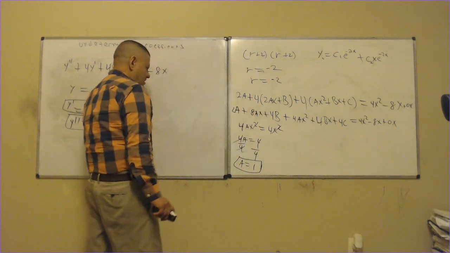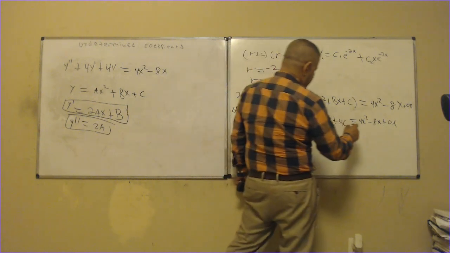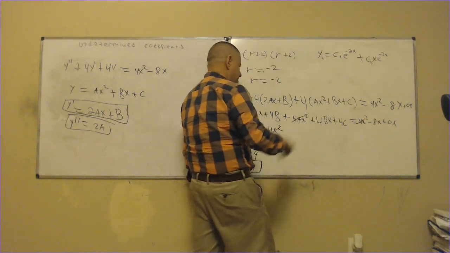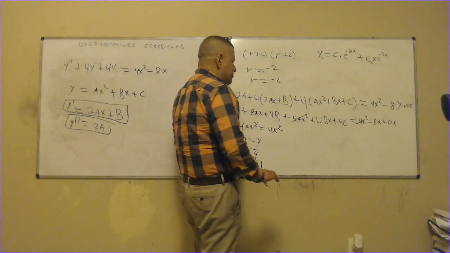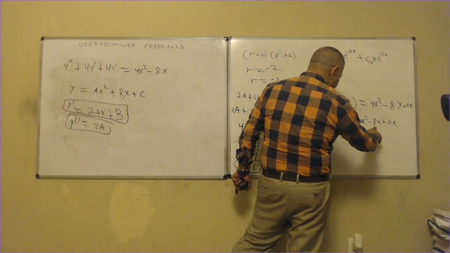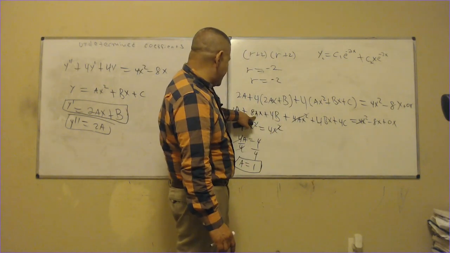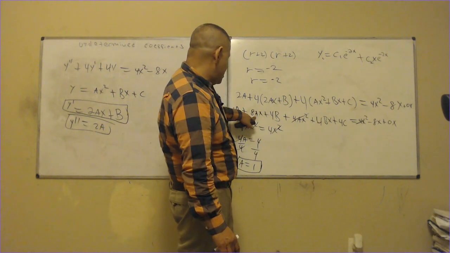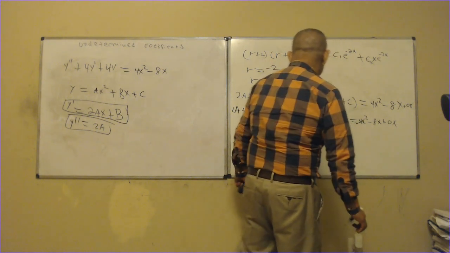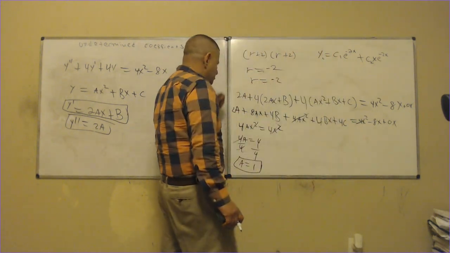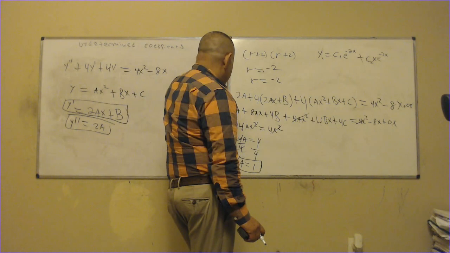Now we can say that this guy is gone. So let's do the next one. We have the x terms. Over here I got 8ax, and also I have 4bx.